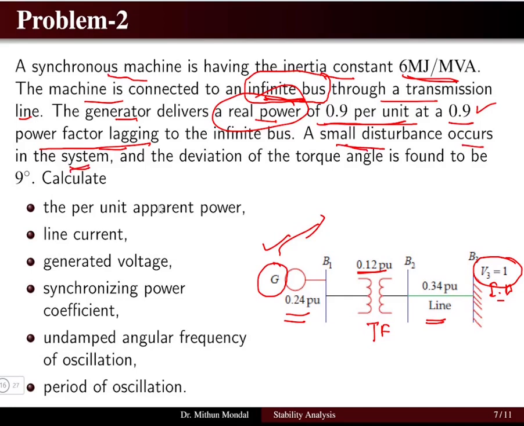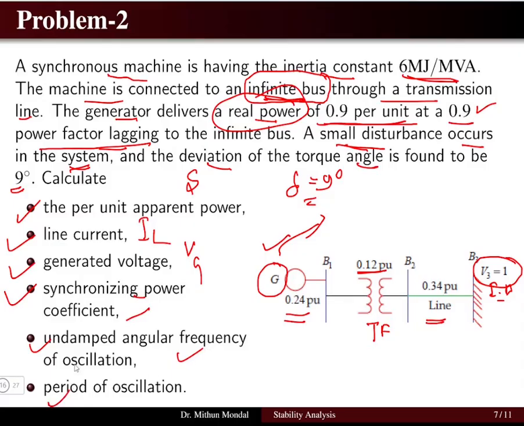Due to this disturbance, the torque angle is calculated to be 9 degrees, so the value of delta is found to be 9 degrees. You have to calculate the per unit apparent power of the system, the line current, the generated voltage of the generator, the synchronizing power coefficient, the undamped angular frequency of the oscillation, and the period of oscillation.